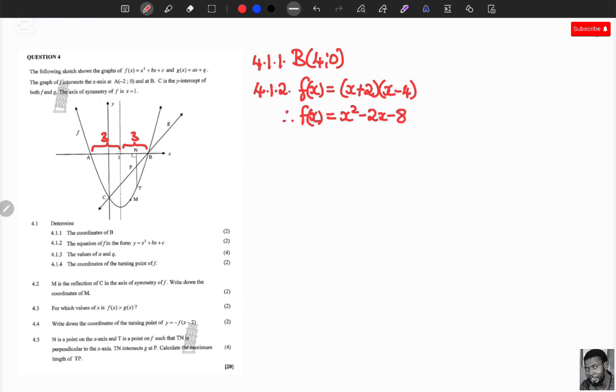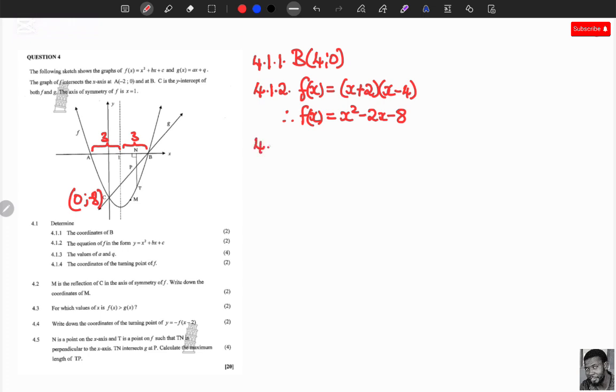That will be the answer there. That simply means that c is 0 and -8 as the coordinate. C is that one. Okay, 0 and -8. That's the coordinate of c.